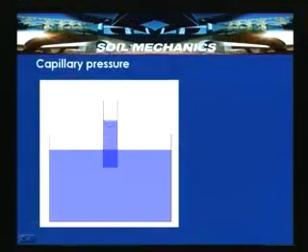Now let us look into how this capillary pressure acts on the walls of the pore spaces or along the periphery of the glass tube under consideration. That is the free water surface. This is the water which rose depending upon the diameter of the tube.